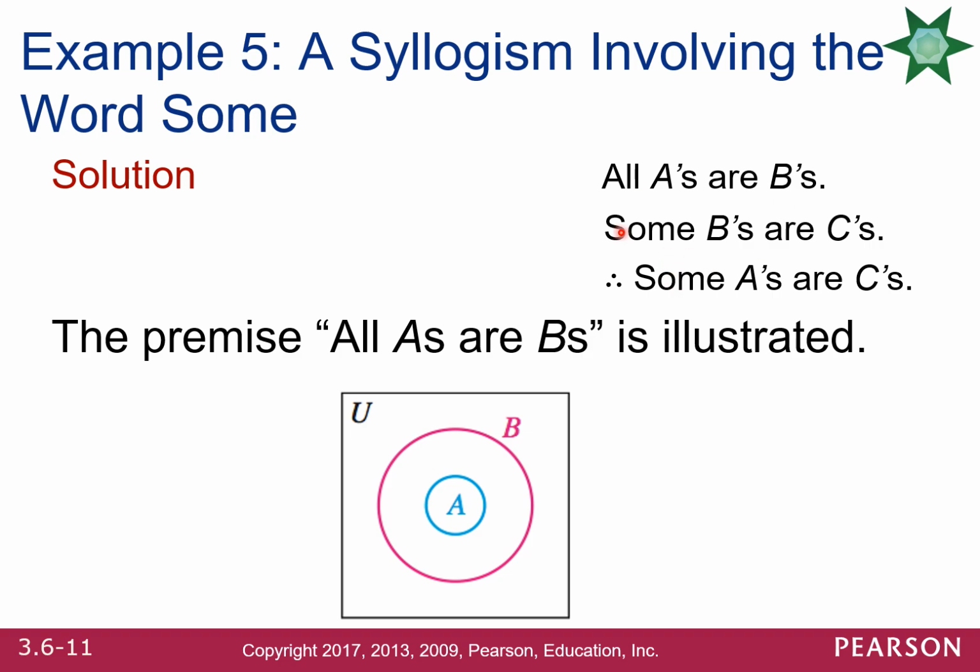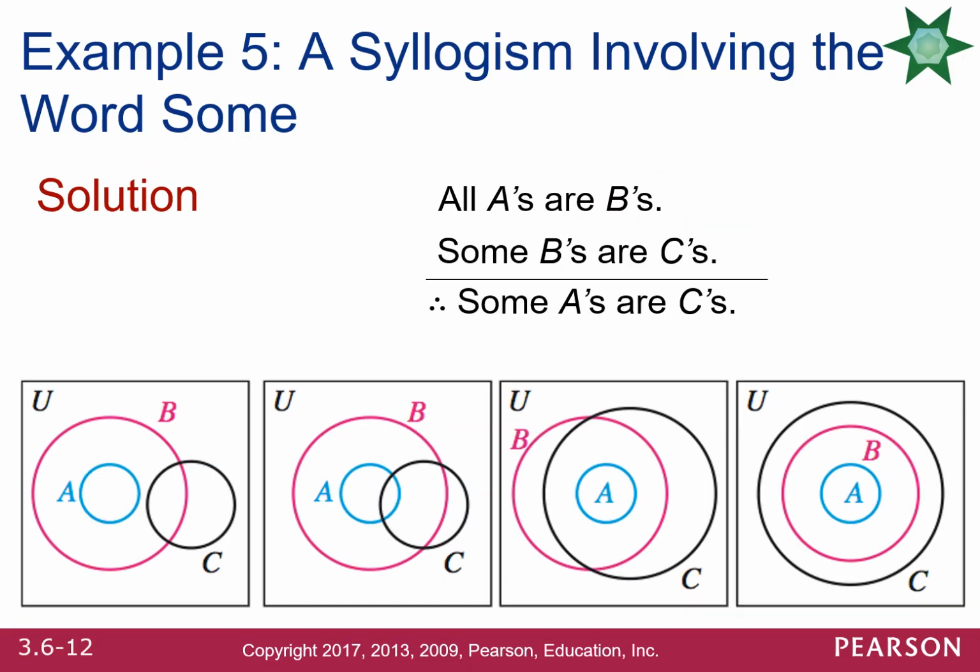However, for the next premise, some B's are C's, you will note that we will be able to come up with 4 different diagrams, 4 possible ways that some B's can be C's. All right, so let's go on to the next slide to look at the Euler diagrams for some B's are C's.